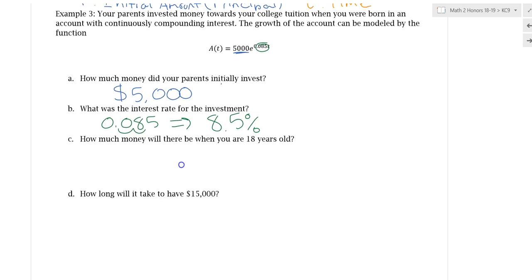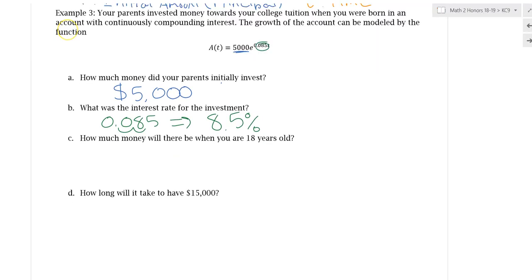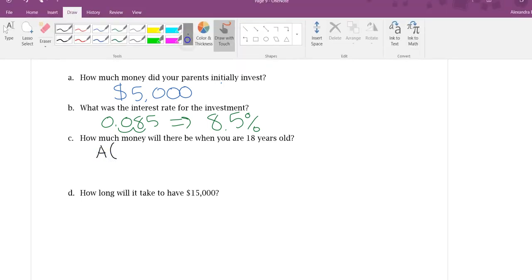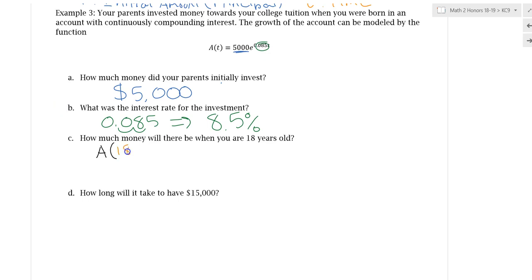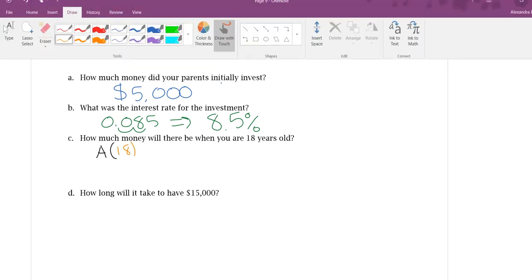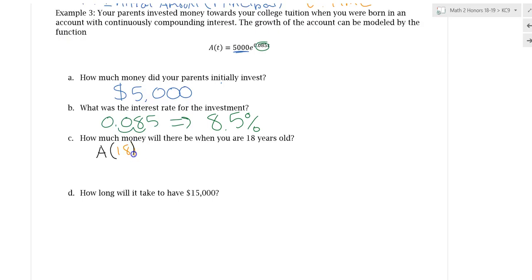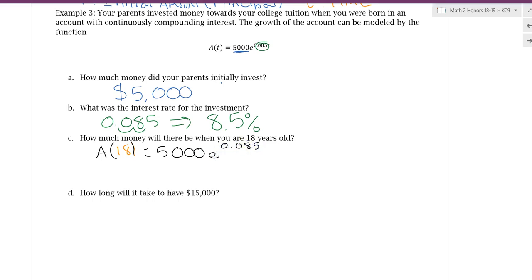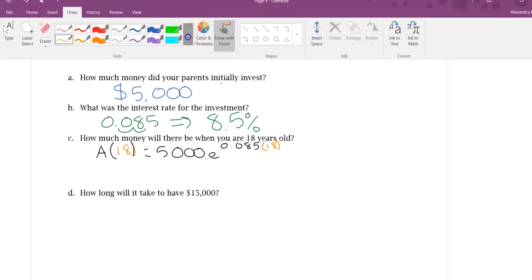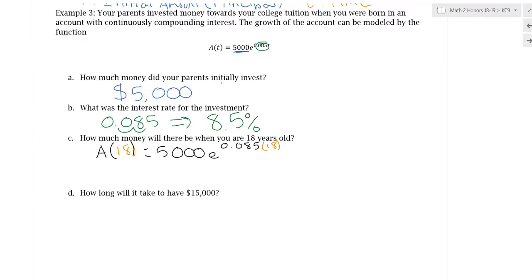And then how much money will there be when you are 18 years old? That is giving me a time. So A of 18, and then make sure you do times 18, or if you always put things in parentheses, it will know to multiply it for you. So we're just plugging 18 in there.